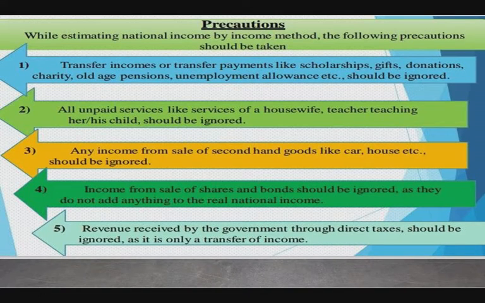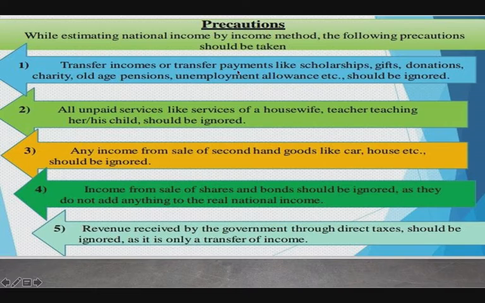What are the precautions while estimating the national income by the income method? Following are the precautions. Transfer income. What is called transfer income? Transfer income means only the income transferred from one person to another person. It is also called transfer payment.